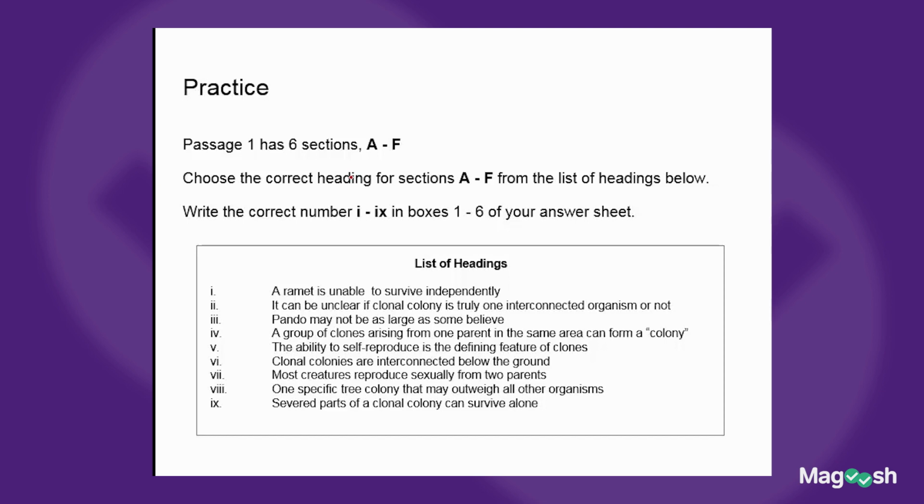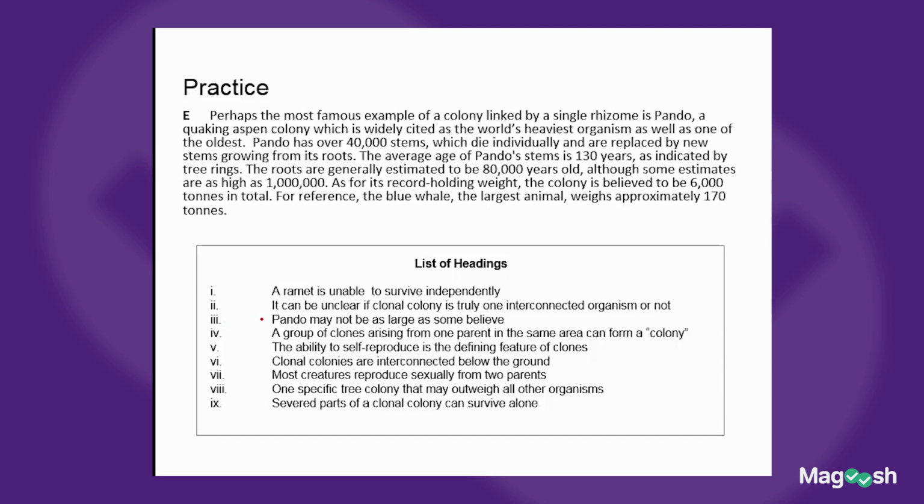And to me, that paragraph is the one about Pando, okay? And if you look down below in the heading choices, there's only one heading that mentions Pando. Maybe that's the correct answer if we look at paragraph E first, because E is all about Pando.